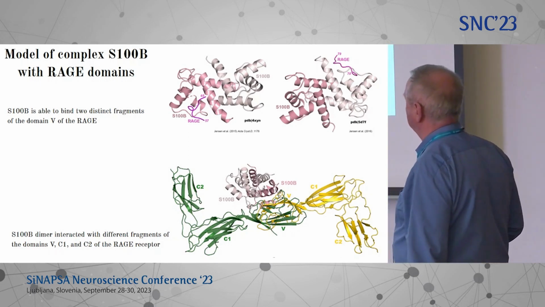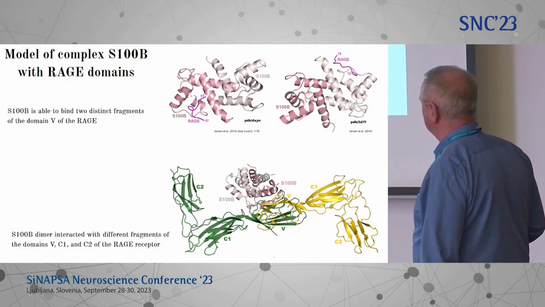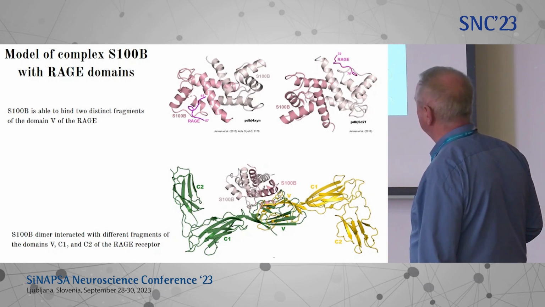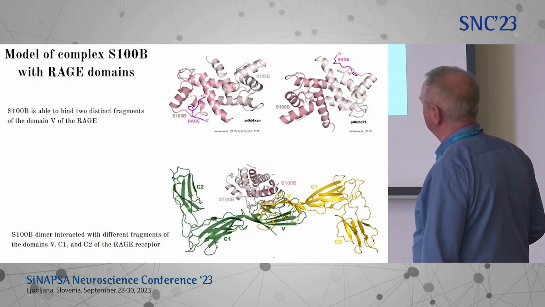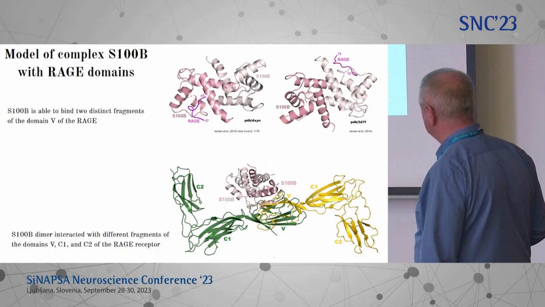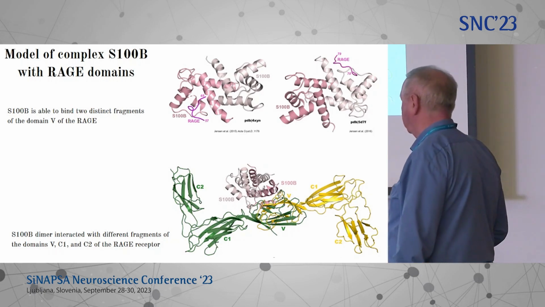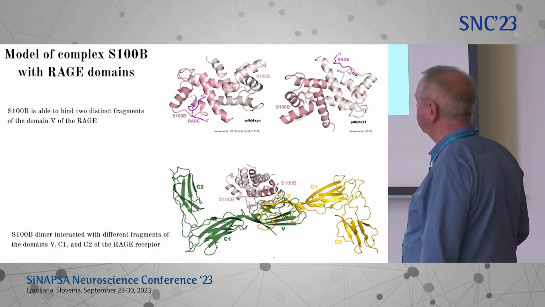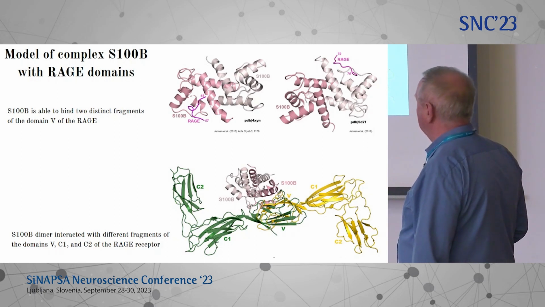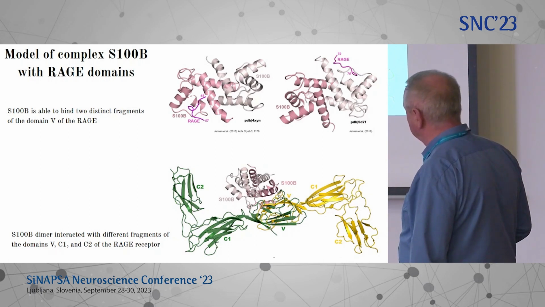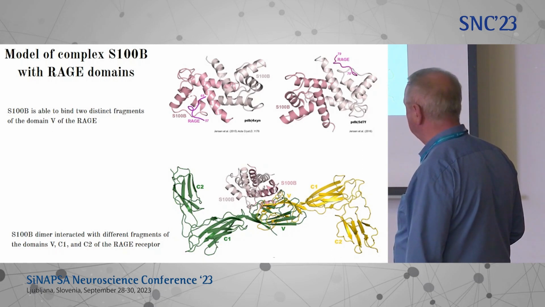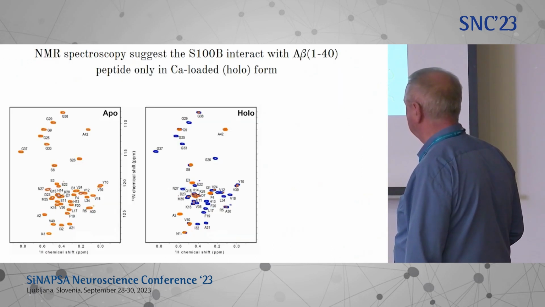This structure was solved by X-ray crystallography, and it shows that S100 beta interacts with different domains of the RAGE receptor. Nevertheless, the central part of this receptor is still available to transfer A beta peptides inside the cell.